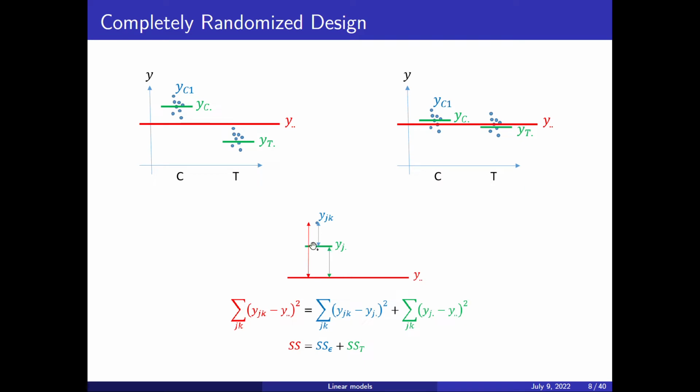So this is a person from the placebo group, this is the mean of the placebo group, how far you are from the mean, and that is this distance in blue. And the other one is how different the mean of your group is from the overall mean. For instance, here we see that the mean of your group is not too far from the overall mean, while here it is much farther. So we start to see where we are trying to get.